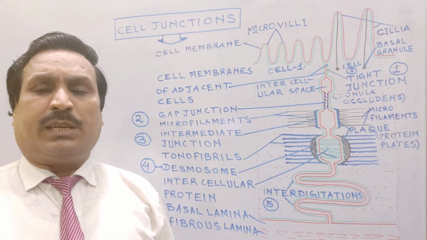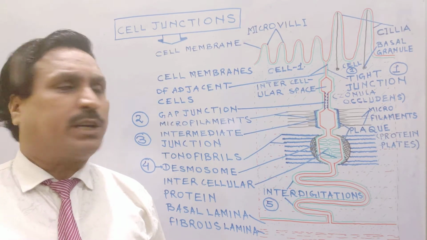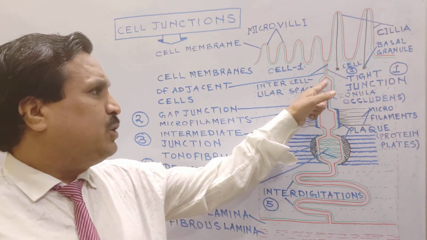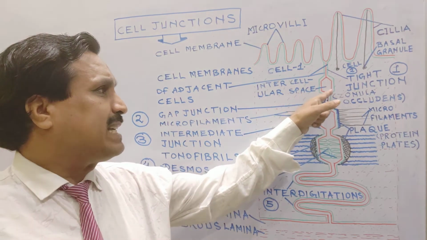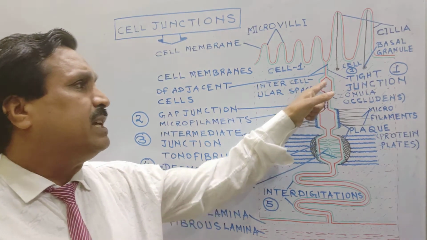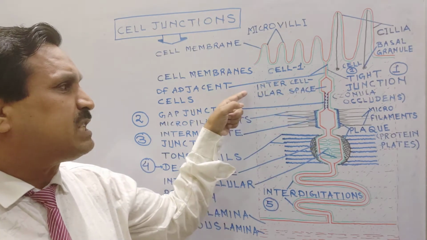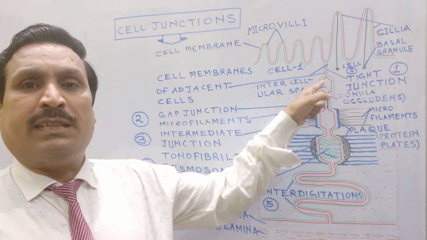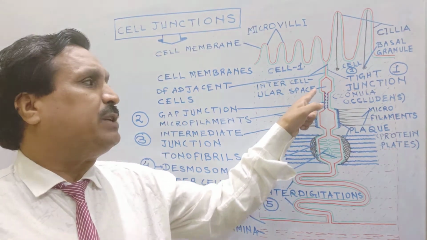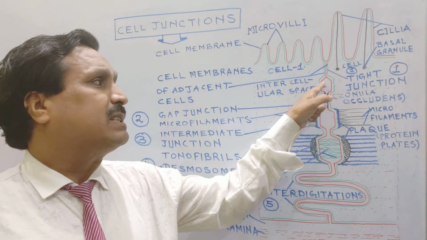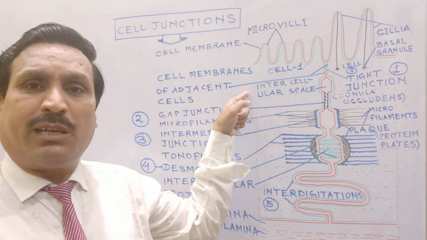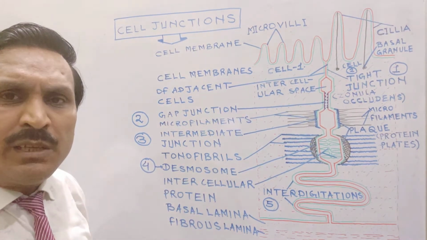Now, second important thing, here you are visualizing a hexagonal empty space. This hexagonal empty space is intercellular space. This is the space between two adjacent cells, hence it is termed intercellular space.